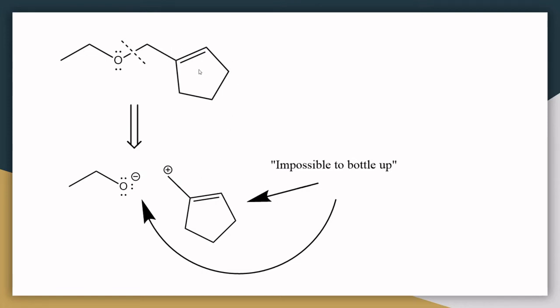So instead, we need to make what's called a synthetic equivalent. Synthetic equivalents are molecules that are functionally the same as synthons, but can actually be used in real life to make the product in a synthesis reaction. So we can actually bottle up these molecules and make that product.